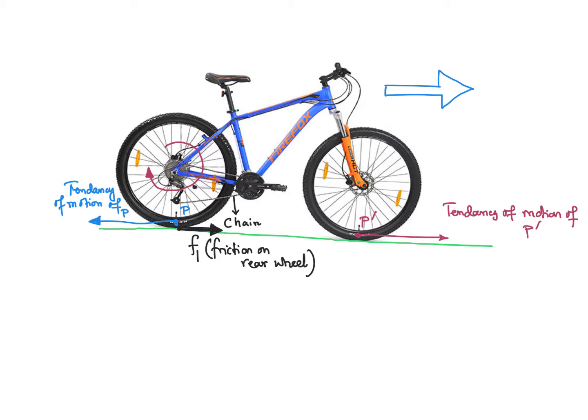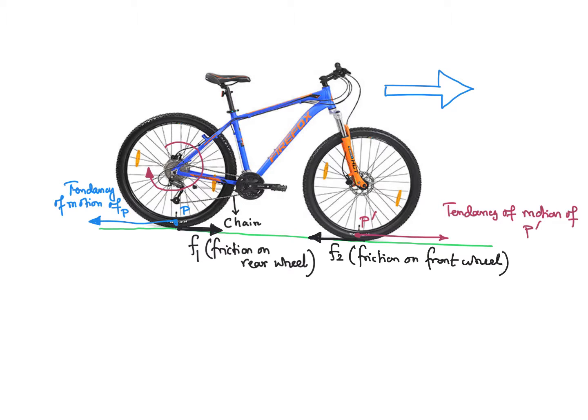Now friction comes into play. Friction will try to oppose the motion of this point P dash. So friction on the front wheel, F2, will act in the backward direction. So this F2 is the friction on the front wheel.